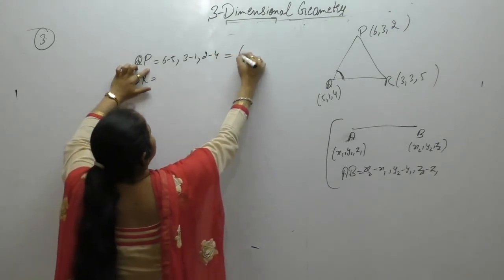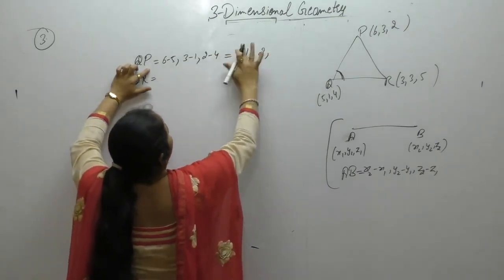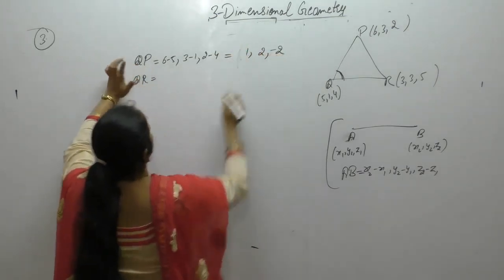So direction ratios are 1, 2 and minus 2.